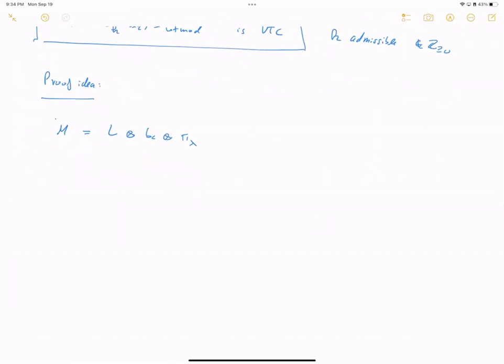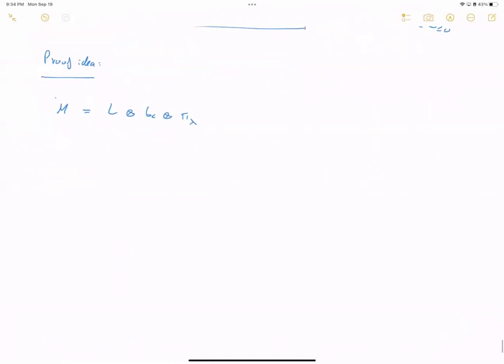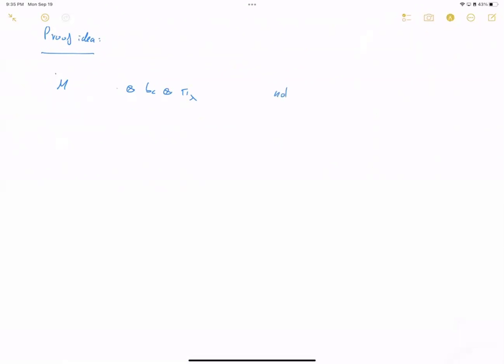If this module is not simple, then it has a singular vector, and of course this must be a singular vector for Virasoro, because the Fock module is always simple, and the free fermions is just the simple VOA.